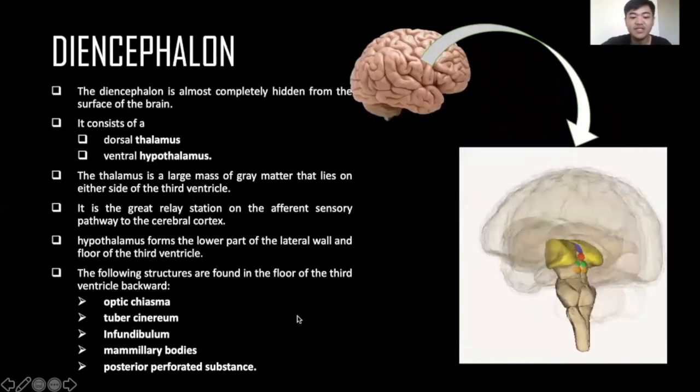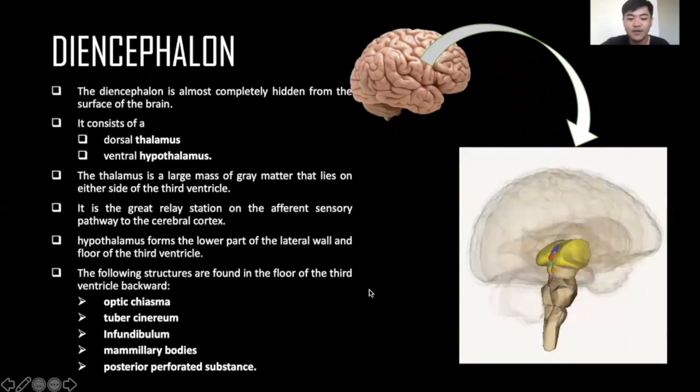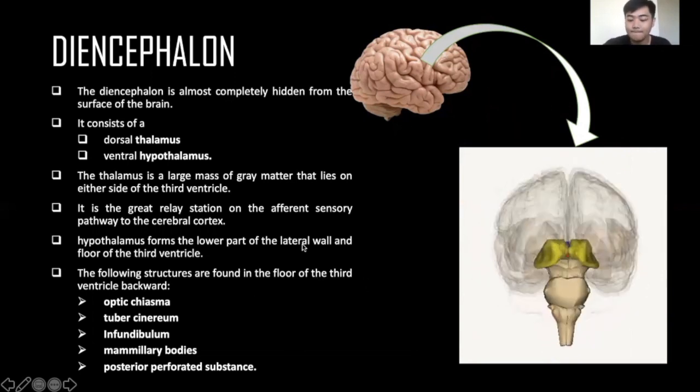These structures are found in the floor of the third ventricle backwards.